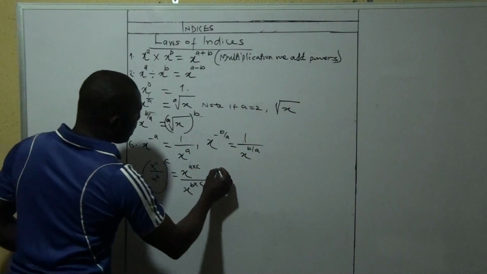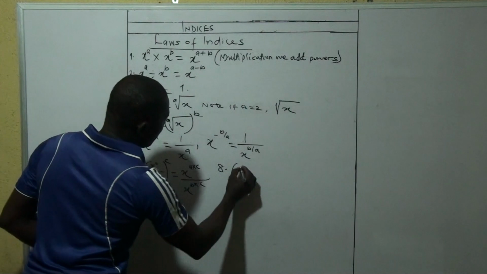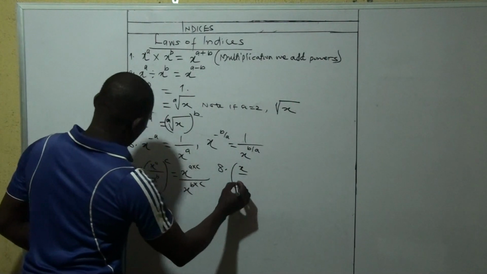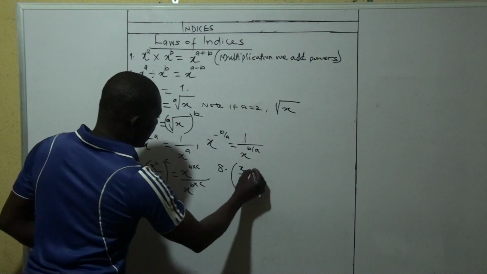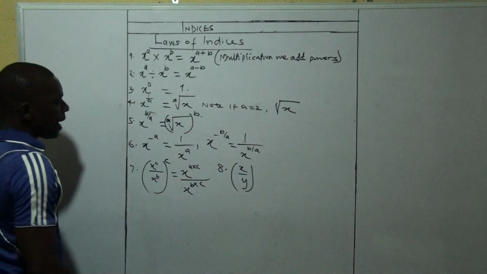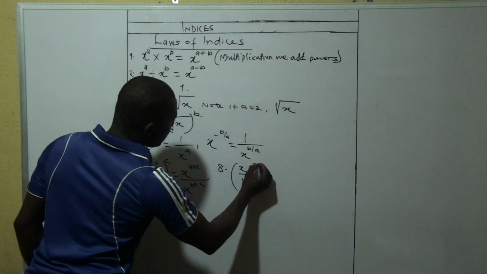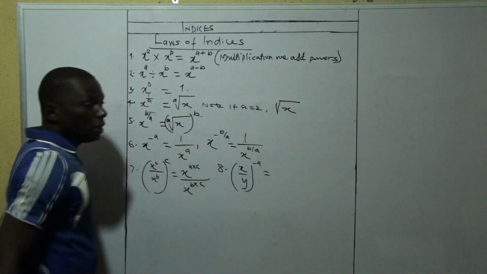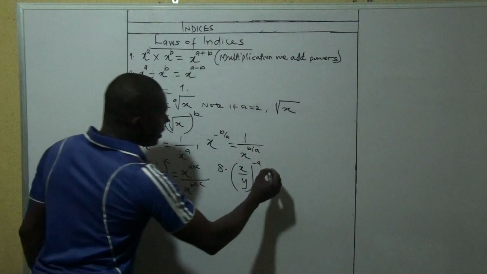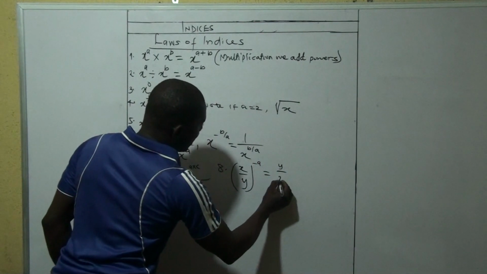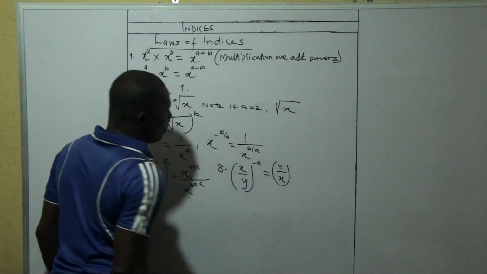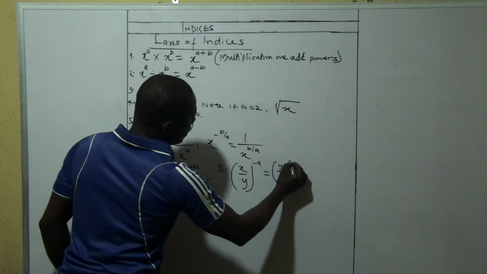Then we have number 8. We have x over y, for instance. We have x all over y raised to power minus a. This one simply means y over x, all raised to power a.